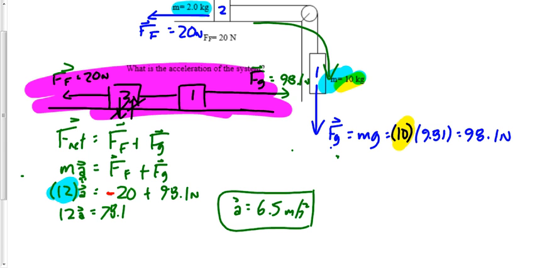I bet if I had just said on my original diagram, what's my next step? F net is equal to the sum of the forces, subbed in numbers. Half of you probably would have made both of those forces negative. Well, one of them has to be positive because they oppose each other.